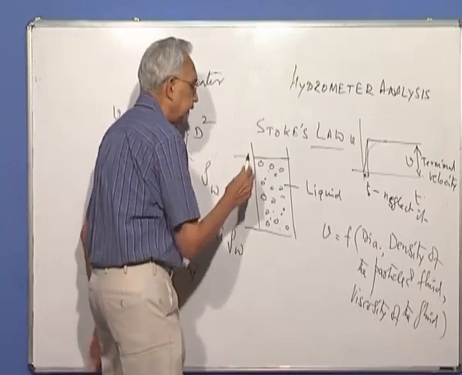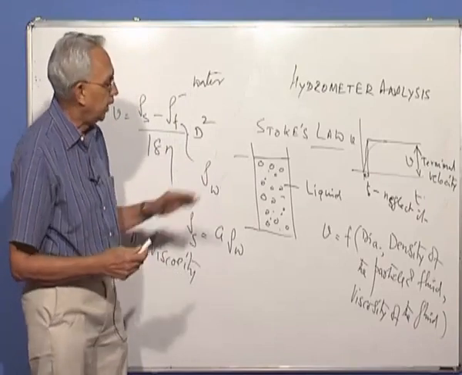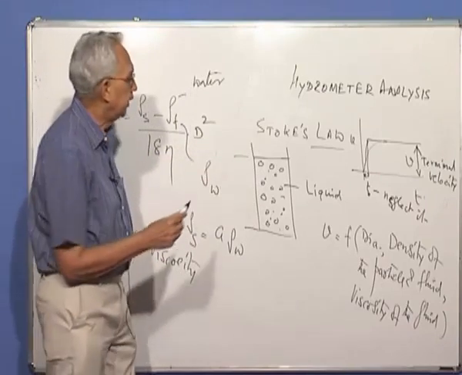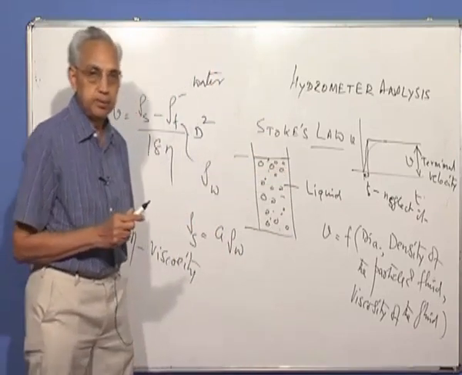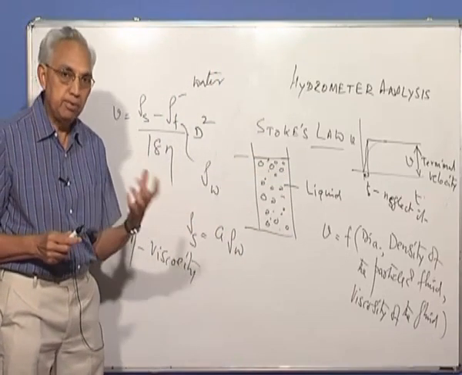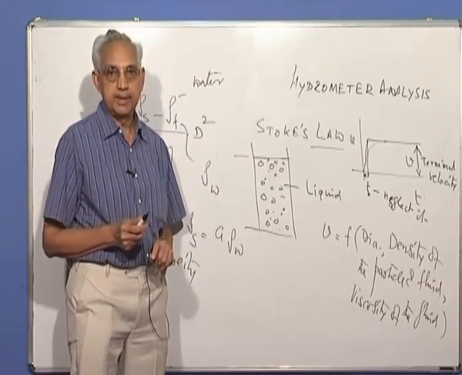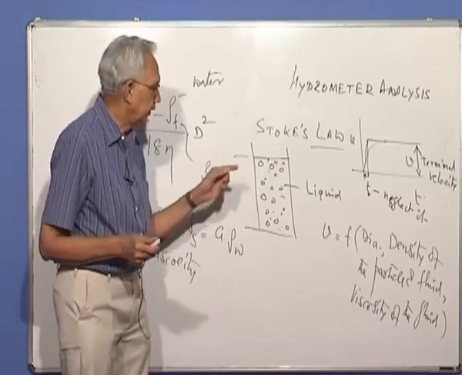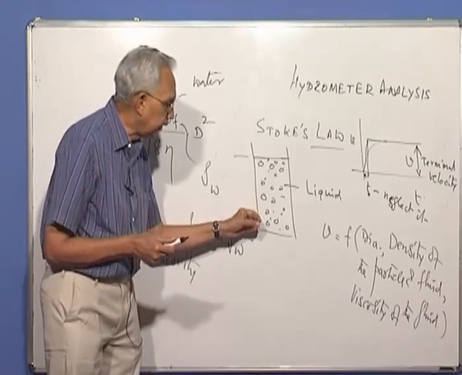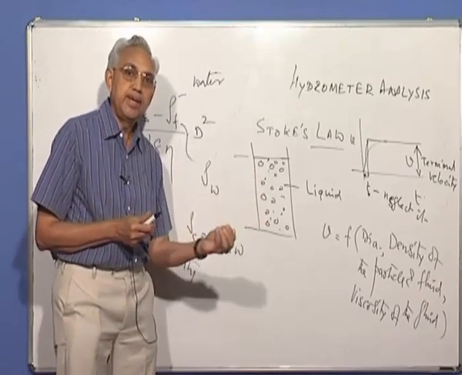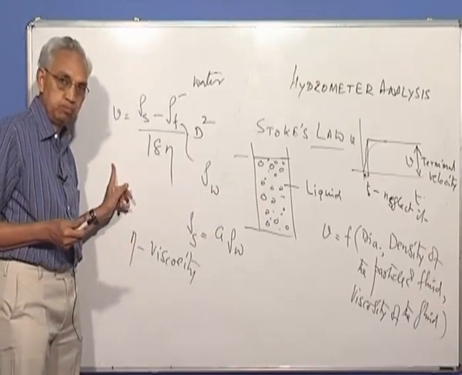What we do is we take some 25 or 50 grams of soil, mix it thoroughly, and put the suspension. You can see that initially all the particles are uniformly distributed. After a time of 1 minute, I'll find that all the large particles will settle. After 10 minutes, another set of particles will completely settle. After 100 minutes, some more. The finer the particle, the slower is the velocity from this equation.